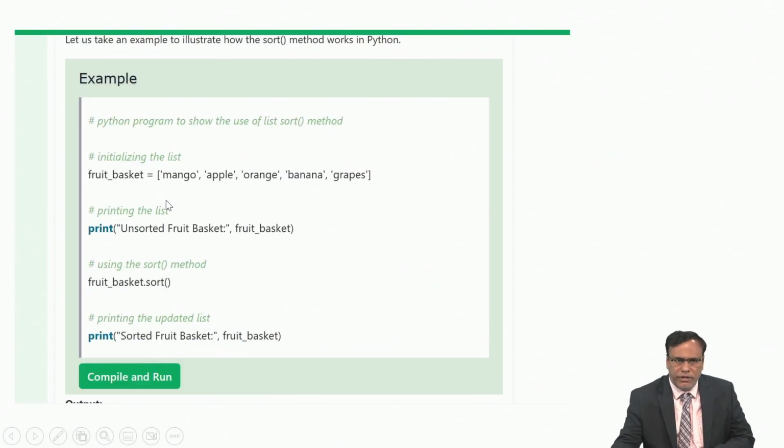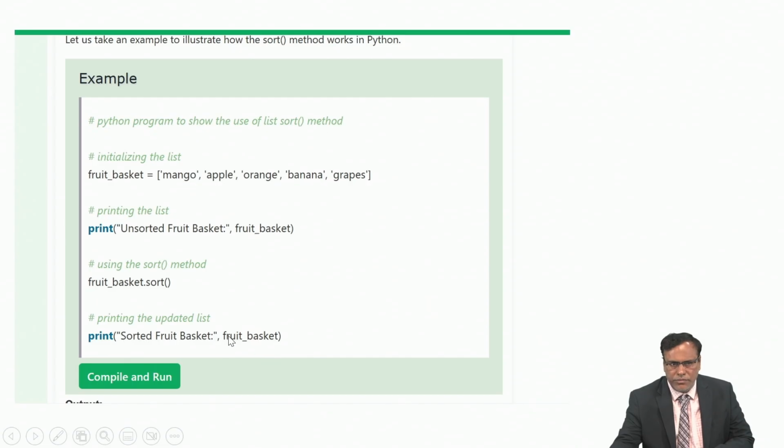Here we have one list with 5 elements, a fruit basket with 5 fruit names, and I just printed that. In the same order it got printed, and then I used this sort function on that list. The name of the list here is fruit basket. Then I try to print the content of that list once again.